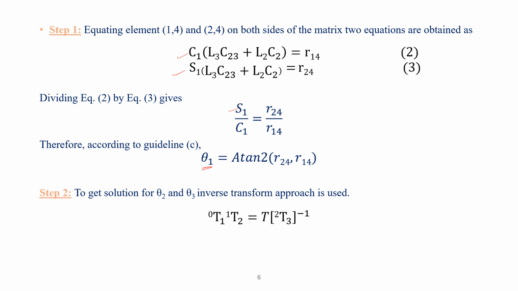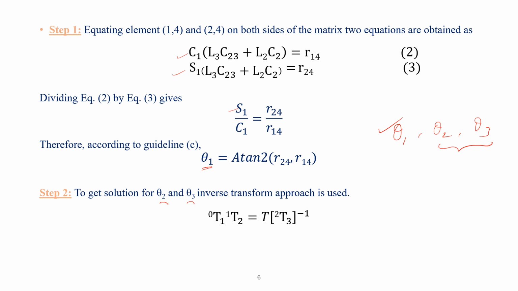Now in order to get the remaining angles, theta 2 and theta 3: in a triple R manipulator, as I told you, we have to find three angles, theta 1, theta 2 and theta 3. Now we have got theta 1. So now we have to find theta 2 and theta 3.